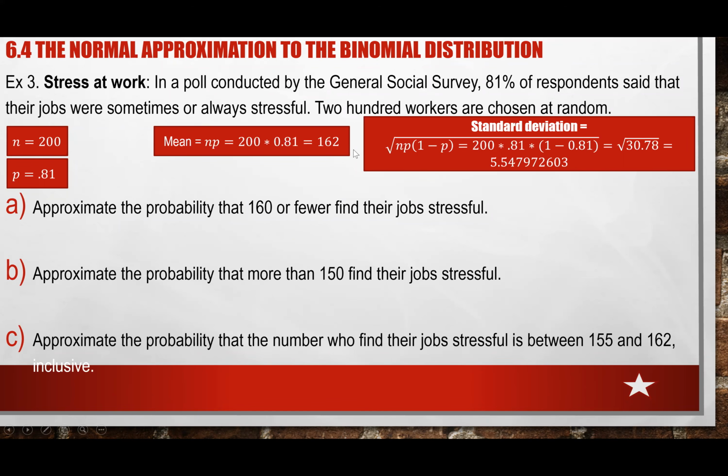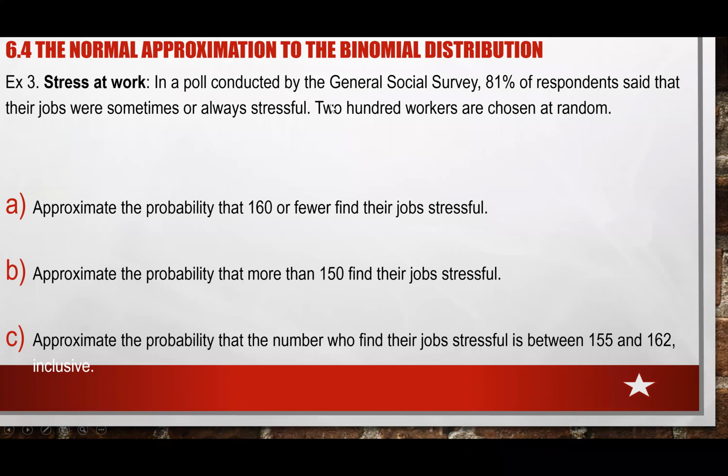And that's the only new item in 6.4, in that we have to actually find the mean and we have to actually find the standard deviation. If this were in 6.1 or 6.2, they would tell you the mean is this, the standard deviation is that. But in this problem, they don't say anything about the mean. They don't tell you anything about the standard deviation. They just say that this is the percentage we have, and this is how many items we are taking out.